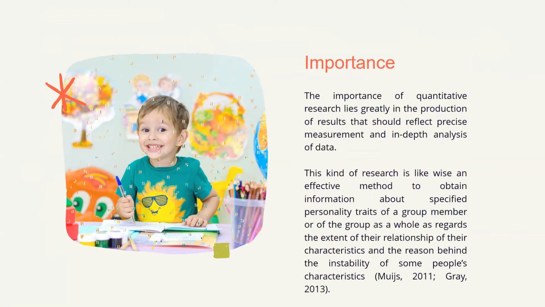So we have eight importance of quantitative research, which are: number one, it is more reliable and objective. Number two, we can use statistics to generalize a finding. Number three, it often reduces and restructures a complex problem to a limited number of variables.